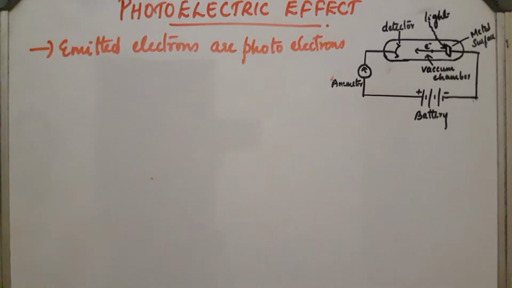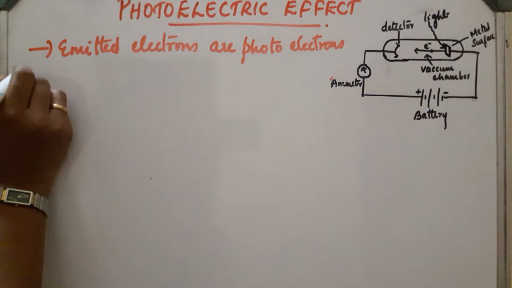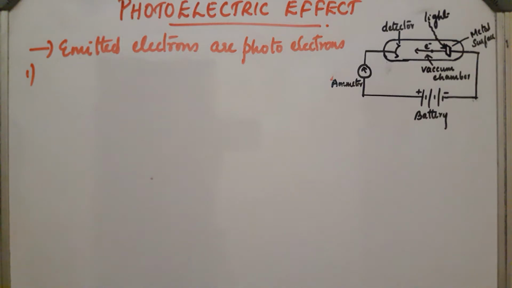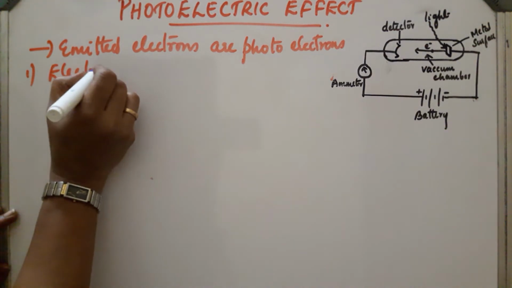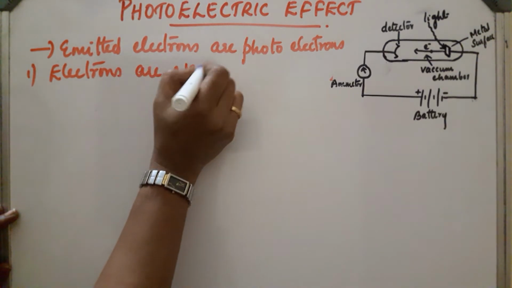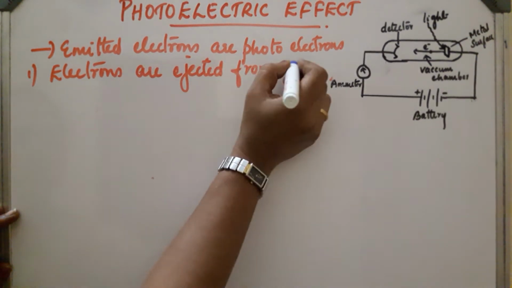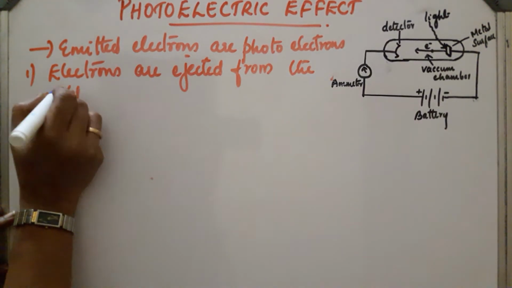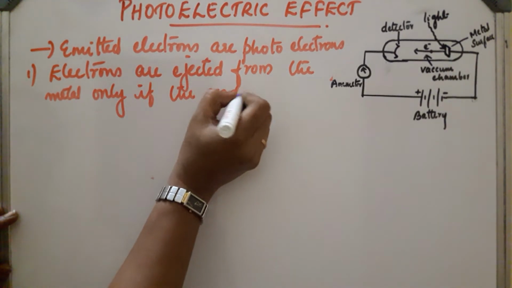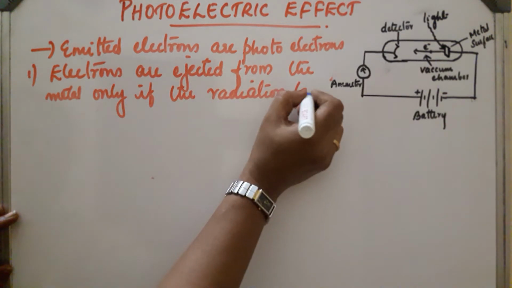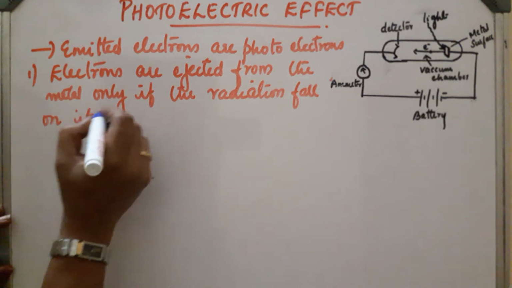Now, after this experiment, he observed some results. The results observed were: first point, electrons are ejected from a metal only if the radiation falling on it has a minimum frequency, and this frequency is called the threshold frequency.